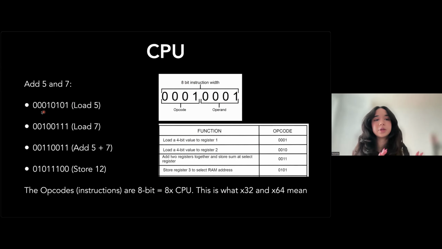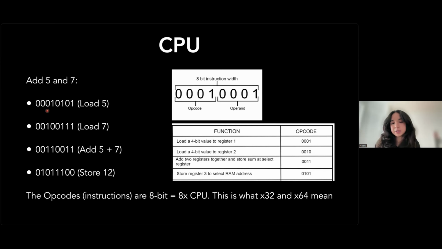And because we use 8 bits per instruction, the CPU or the software we write for it is called 8-bit. But then if we have x32, it means that every instruction is 32 bits long. And that just means essentially that the CPU is capable of doing more complicated things because with only limiting ourselves to 8 bits, there's a lot less variety in commands that we can give.